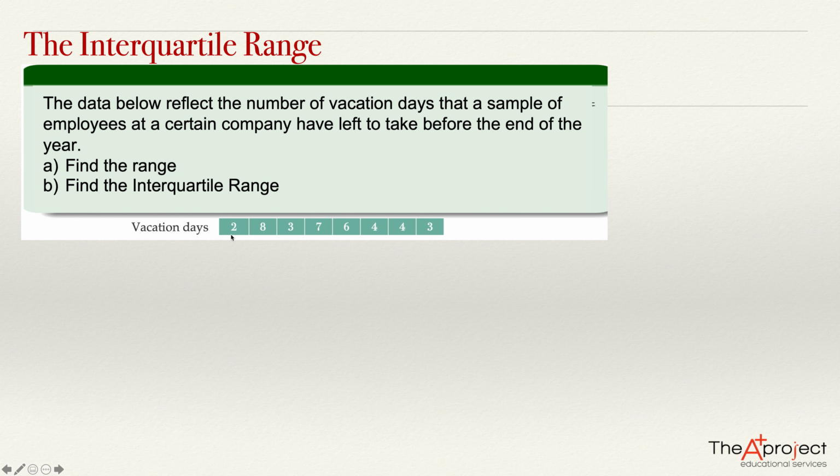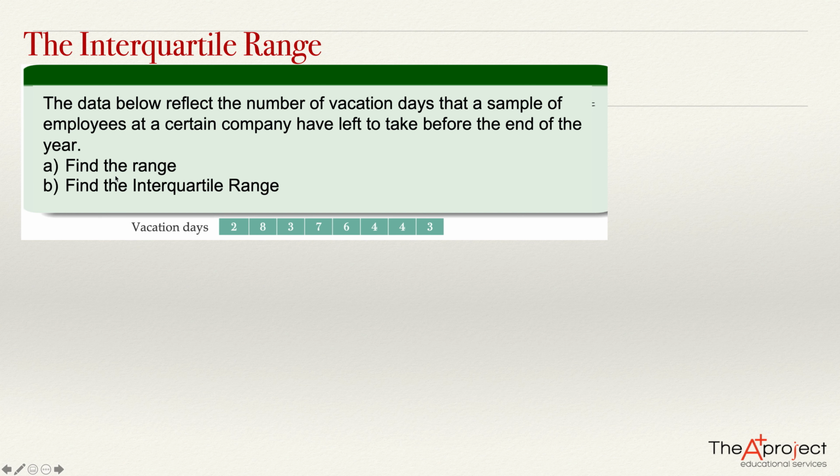So it means that, for example, some employee has 2 days left to take before the end of the year. Another has 8 days of vacation left. So etc. And we have a sample of 1, 2, 3, 4, 8 employees.